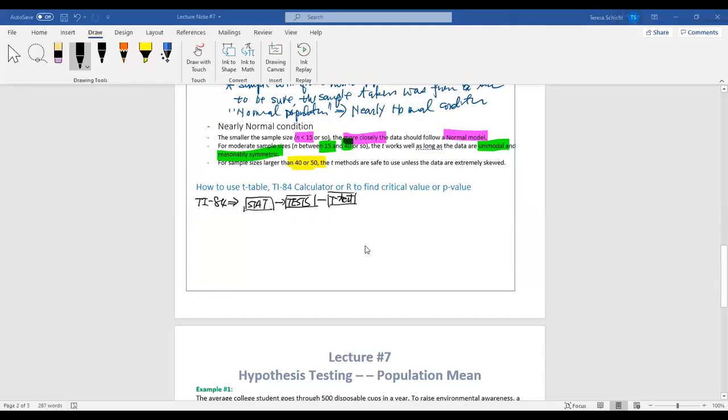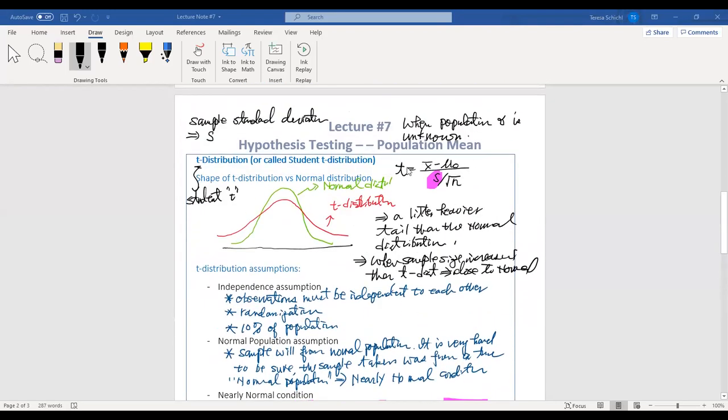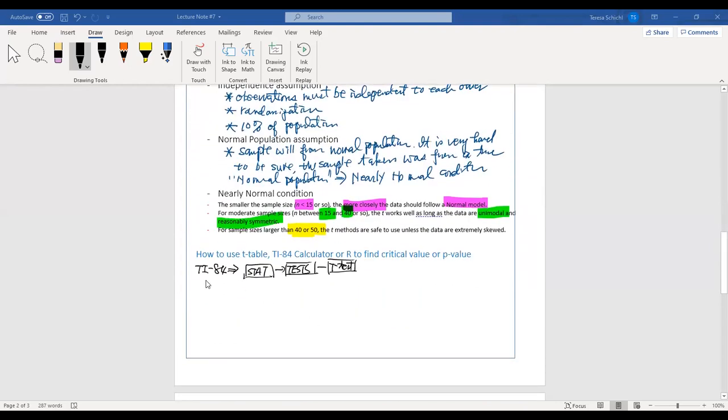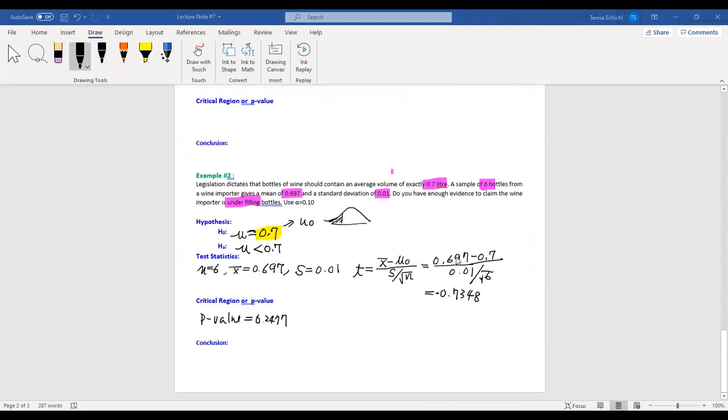We also talked about what a t-distribution looks like compared to the normal distribution. The t typically has a little bit heavier tails, right? Then we also talked about how to use the TI-84 calculator. It's pretty handy to help us find the t values and the p values.